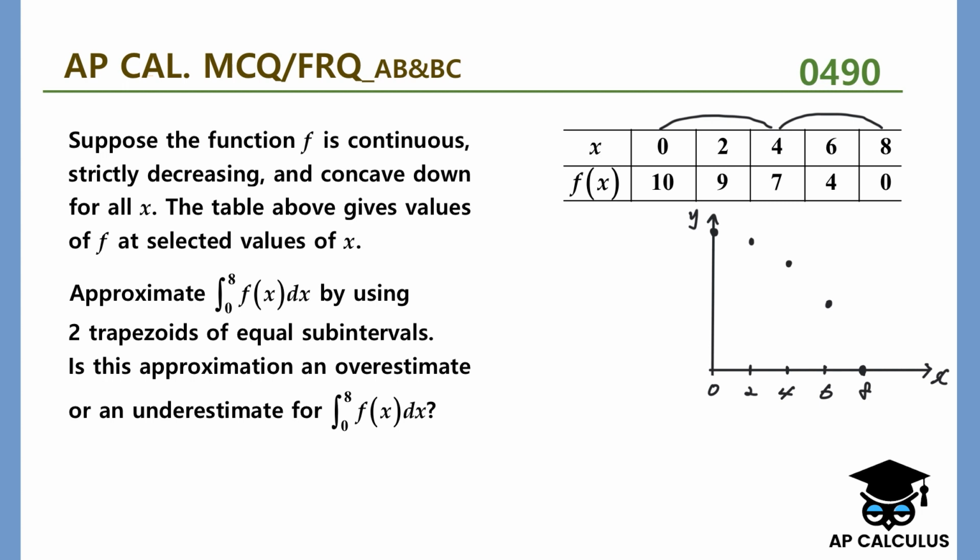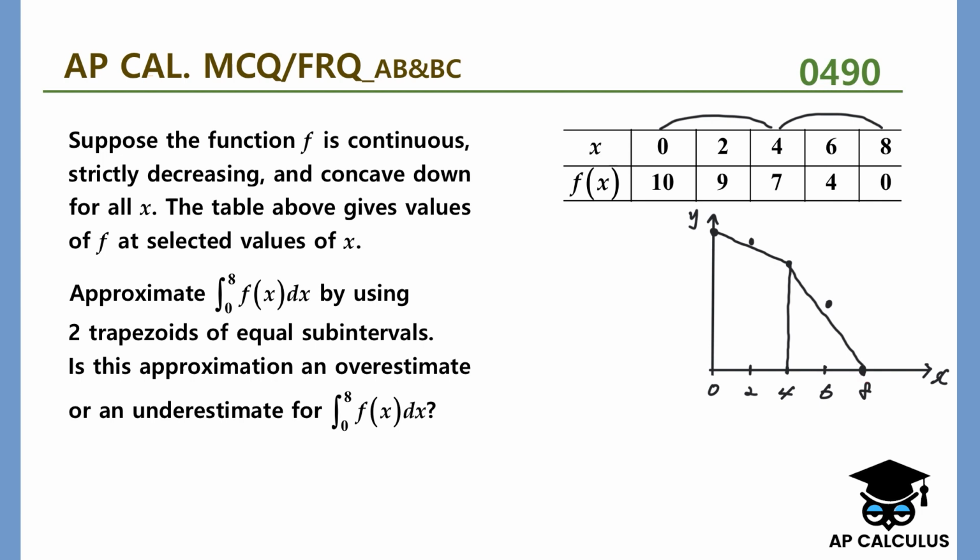Now what we need to do is draw two trapezoids. So from 0 to 4, draw a straight line segment from here to here. That's one trapezoid. And draw another line segment from here to here, right? Well, the base when x is equal to 8 is equal to 0, right? So this is actually a triangle, since this is a 0.